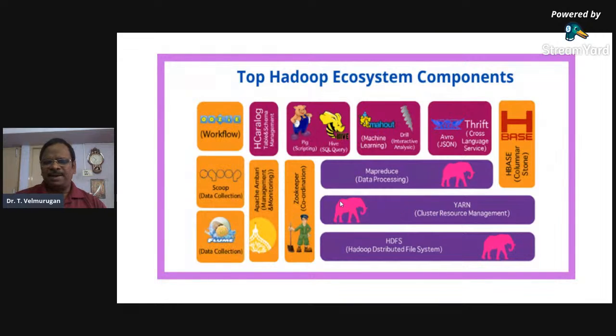Yarn is the interface between the MapReduce phase and the HDFS phase. The output of the MapReduce is carried out and given to the input of the HDFS component. Therefore, Yarn acts like a data operating system.